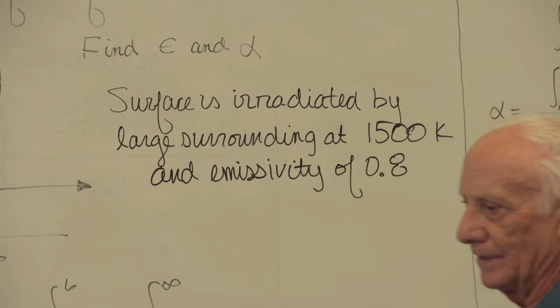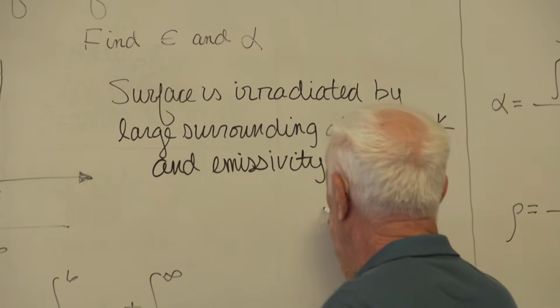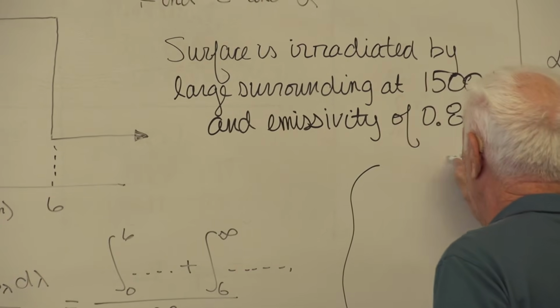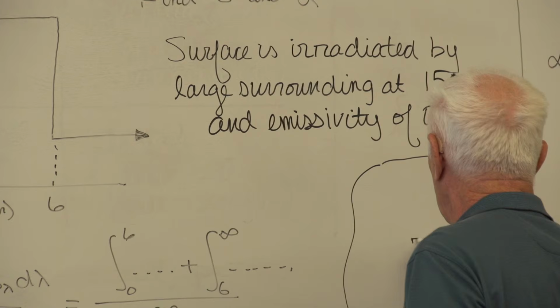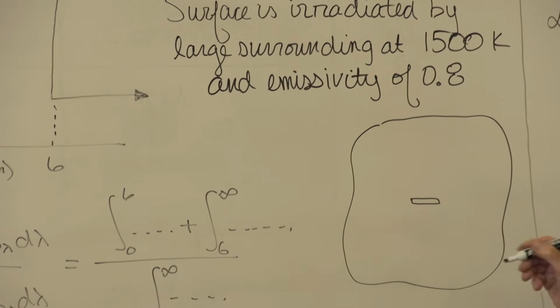Okay, now we go back to early chapter 12, and I drew a picture on the board. It's a picture of a large enclosure, and it had a small object in the large enclosure. It'll be in your notes, a little picture like that.